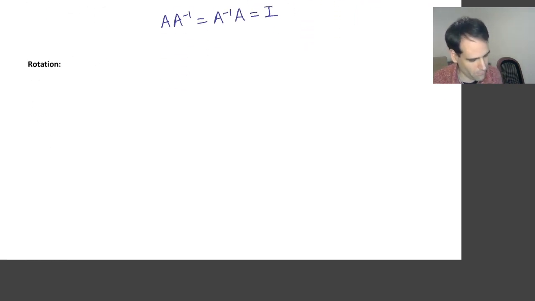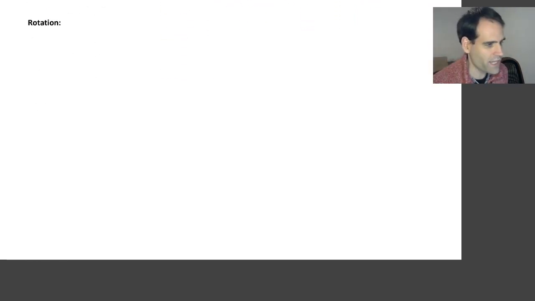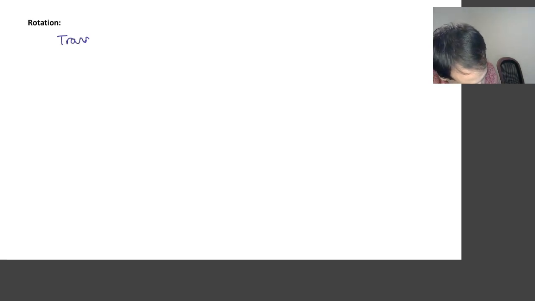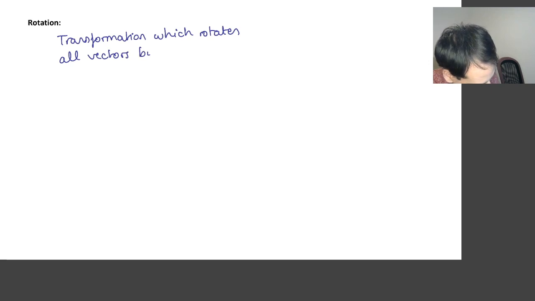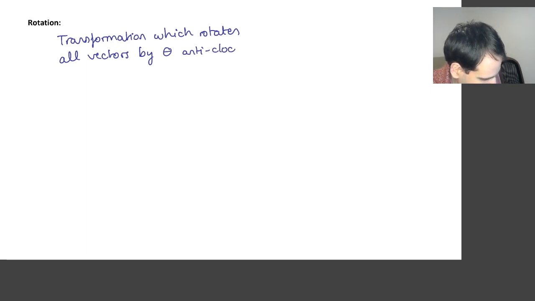Okay, another very simple example. Consider the rotation. So consider a transformation as follows. This transformation rotates all vectors by theta degrees anticlockwise.